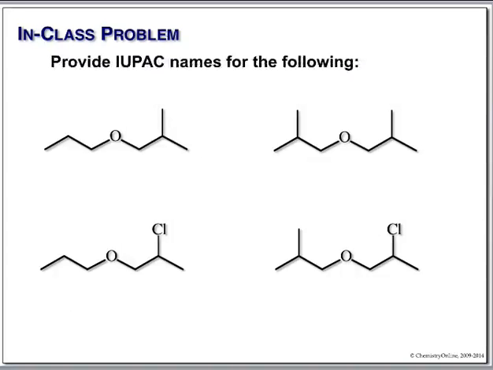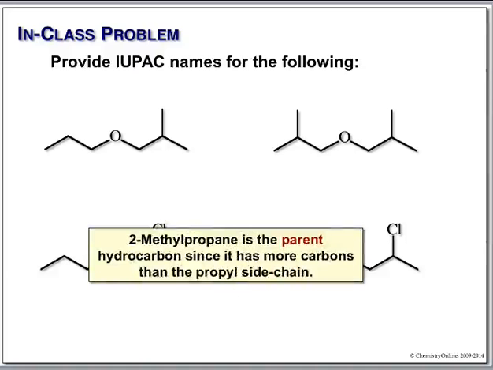So, we look at this, we have a 4-carbon chain here, we have a 3-carbon chain here. 2-methylpropane, 4-carbon chain, is going to be the parent, simply because it has the most carbons. So, we're going to do this as our parent, and this is going to be carbon 1 on our parent chain.